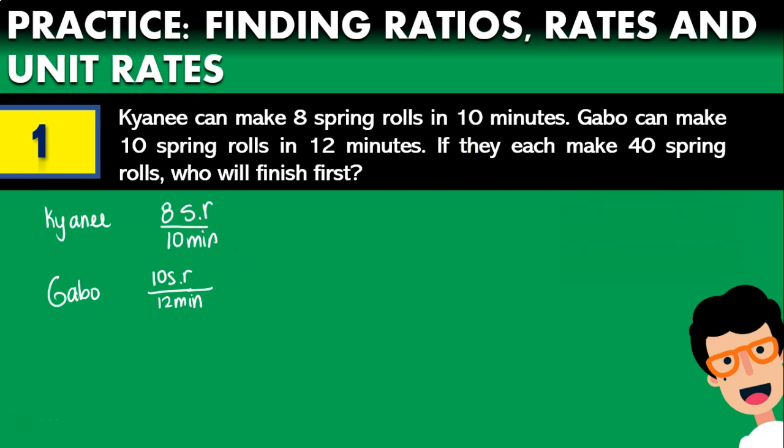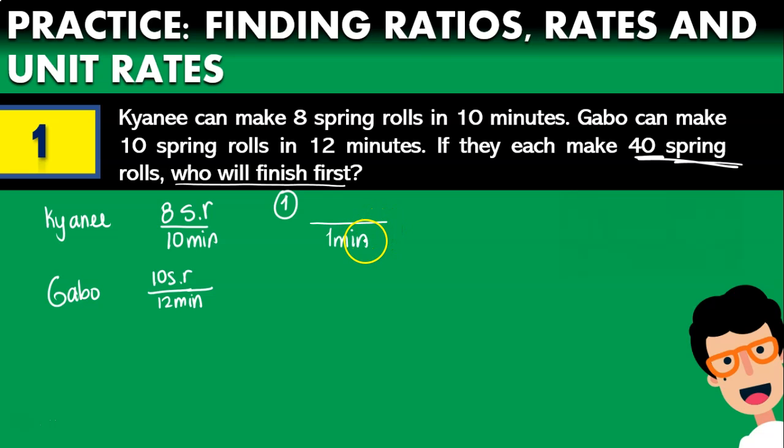In this case, they're asking us how much time they take to make 40 spring rolls, right? Or who will finish first. We actually have two ways in which we can know who finishes first. The first way is that we have 8 spring rolls in 10 minutes by Kiani, and we can find how many spring rolls Kiani can make in 1 minute.